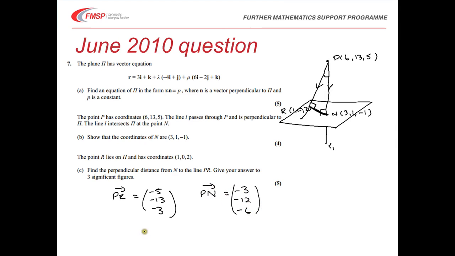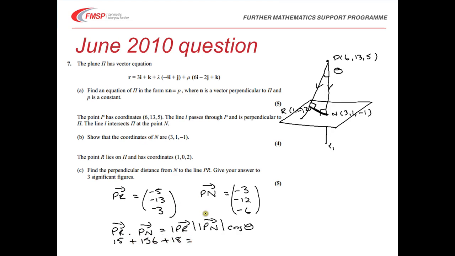From the dot product I know that PR dotted with PN will be equal to the length of PR times the length of PN times the cosine of the angle between them, which in my diagram is theta. So if we look at PR.PN, we're going to get -5 times -3 is 15. Then -13 times -12, so that's 156, and then we've got 3 times 6, which is 18.